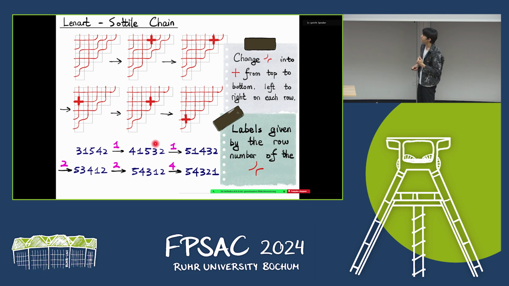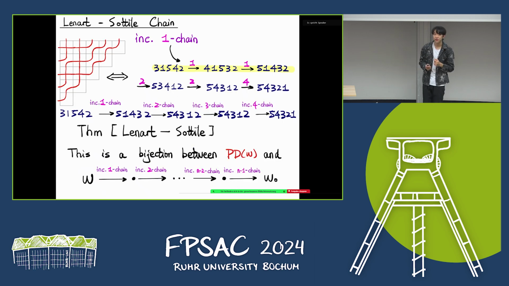They also go ahead and put a label on these swaps. So if this change happens in row 1, they write down a pink 1 here as the label of this swap. So they get a chain in the Bruhat order with some labels on them. What's cool about this label is that if you combine the swaps with the same label, like this, then this is what we call an increasing 1 chain.